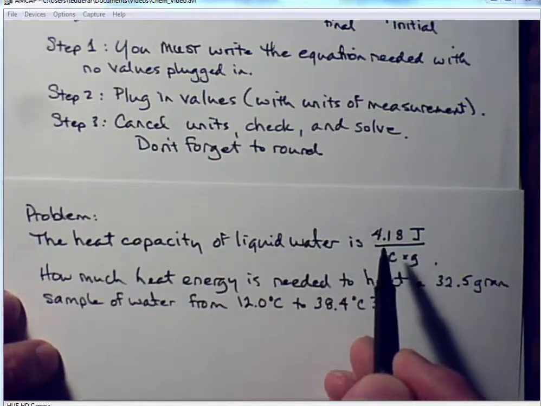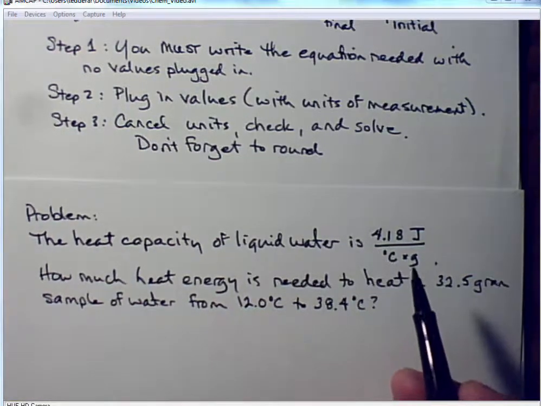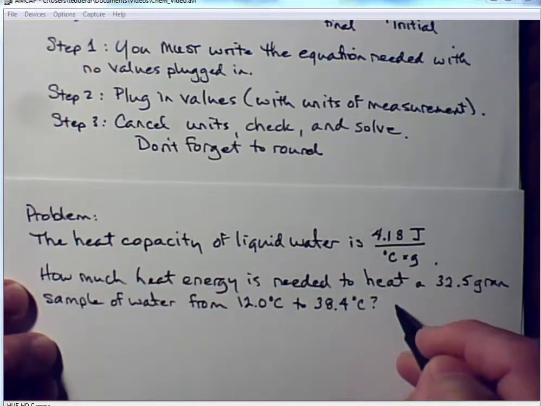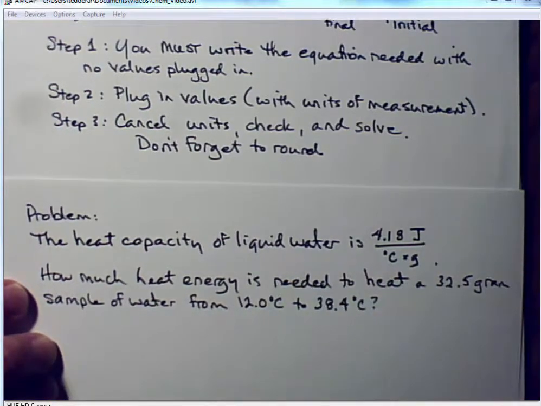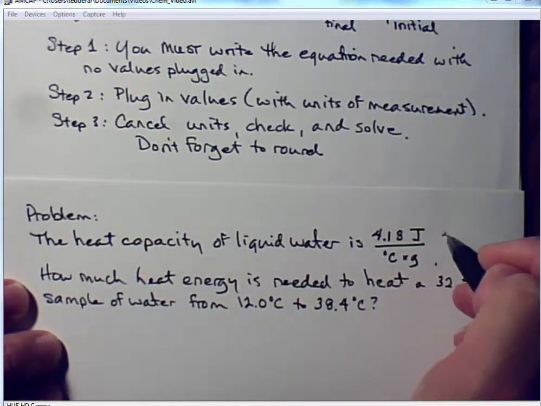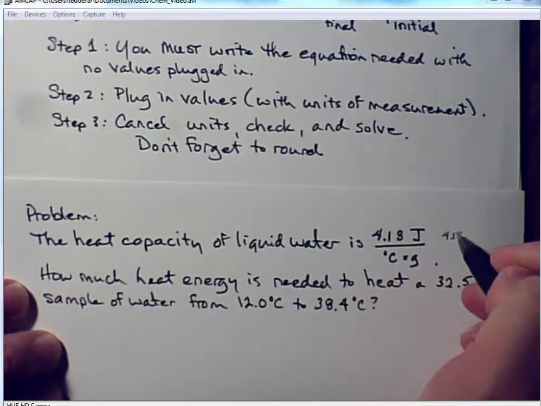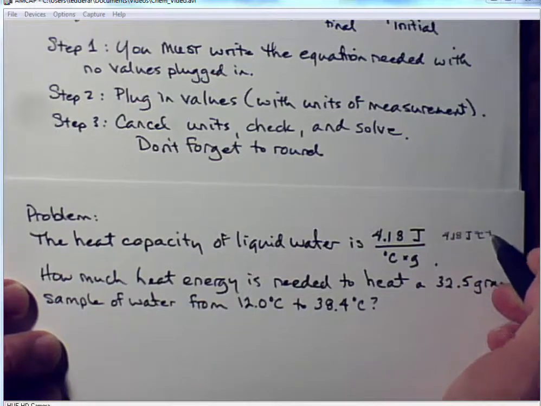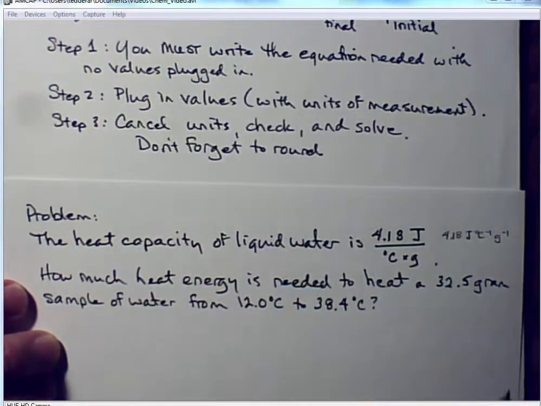Sometimes you're going to see this written, particularly on the internet, because fractions are kind of hard to do on the internet. Tell you what, let me do it like this. 4.18 joules degrees C to the -1 grams to the -1.